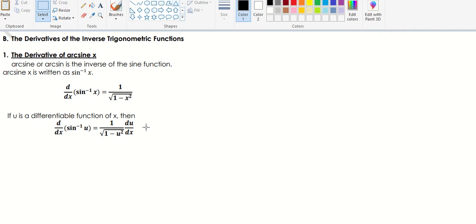Hanapin nyo lang yung ating previous videos about doon and para ma-master nyo po yon. Kasi mahirap po mag-proceed nang hindi nyo po master yung ating pong mga rules na yon. And afterwards, pagkatapos nyong ma-master yon, then pwede naman ninyong balikan ito. Pero kung master nyo na yon and ready na kayo, so let's go.